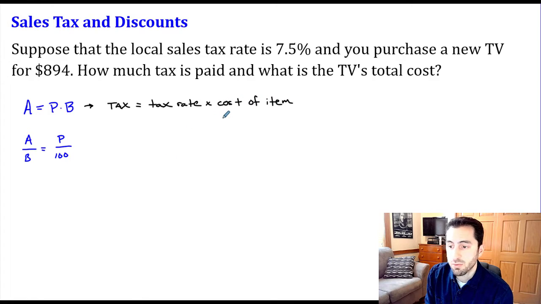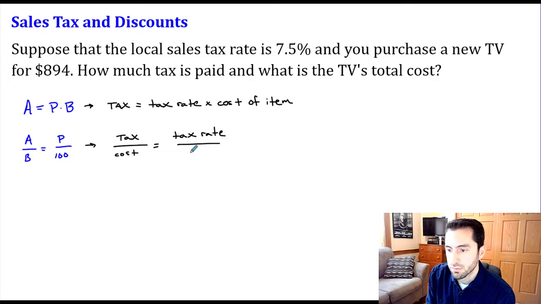This multiplication gives me the amount of tax that needs to be added on to my item. Or in our proportion, we have our tax over the cost of the item, and that's equal to the tax rate divided by 100.